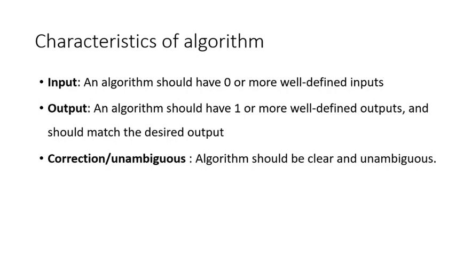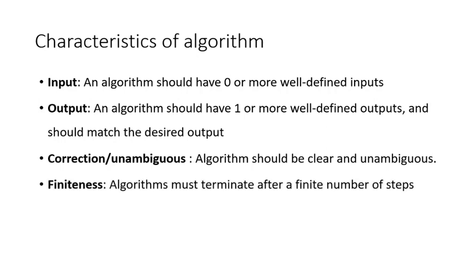Till the end you must do only addition. So you must be clear about your problem, and you should not change in the middle of the algorithm. That is called correctness, or unambiguous.